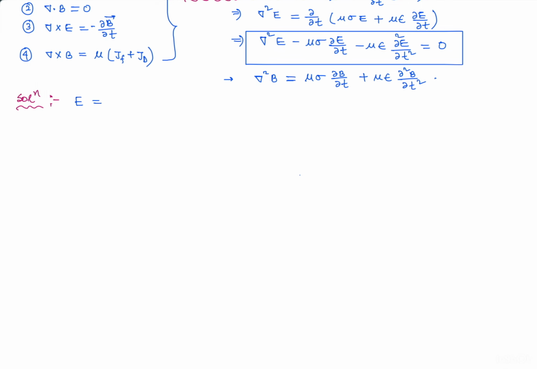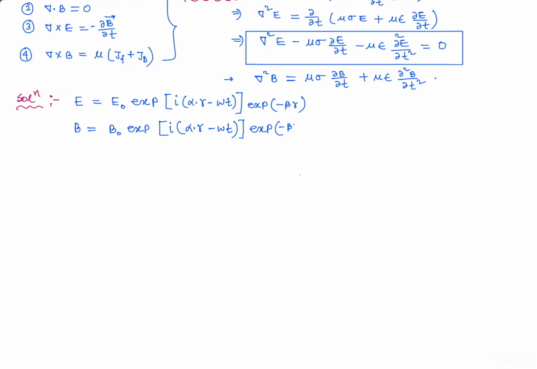For electric field it will be E equal to E0 exponential i(alpha dot r minus omega t) into exponential minus beta r, and B equals B0 exponential i(alpha dot r minus omega t) exponential minus beta r.